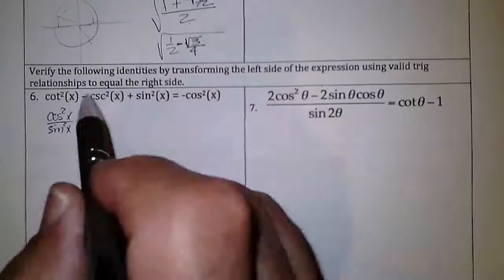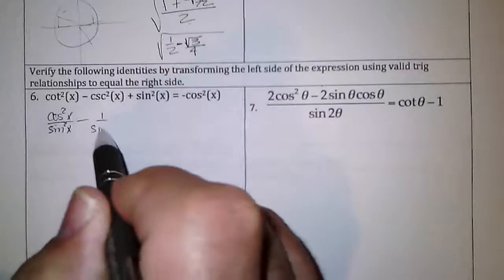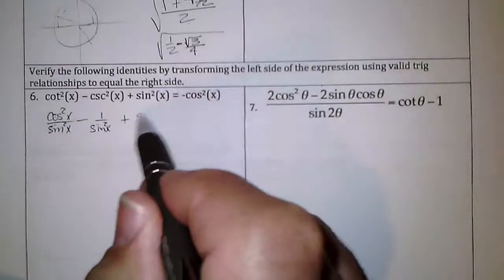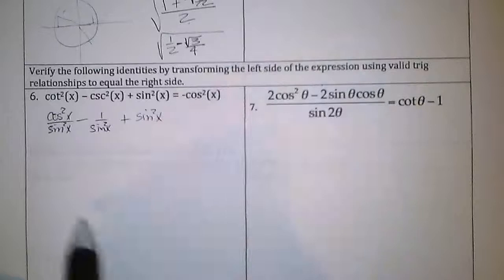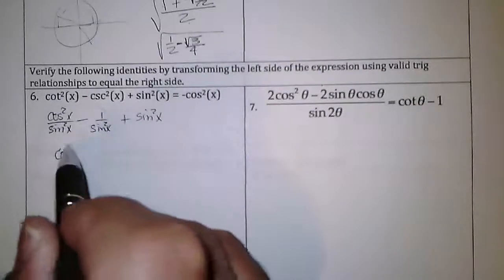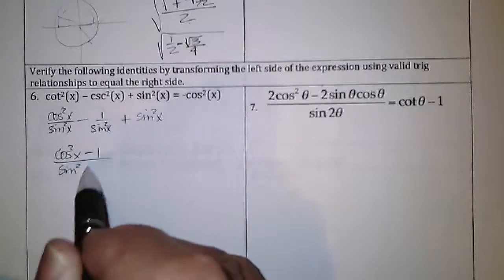Excuse me. And cosecant is 1 over sine squared x. I'll just leave this one. Putting these together, I get cosine squared x minus 1 over sine squared x.